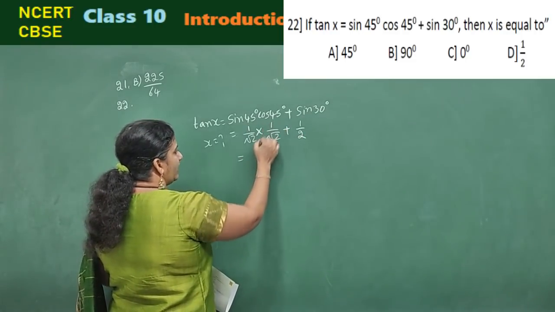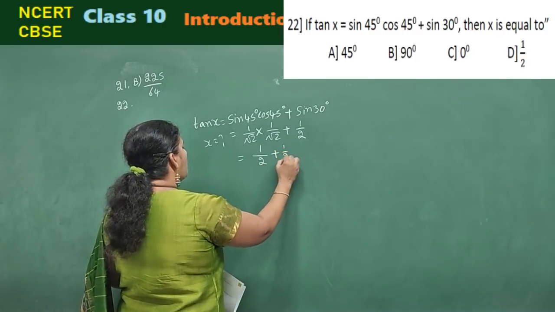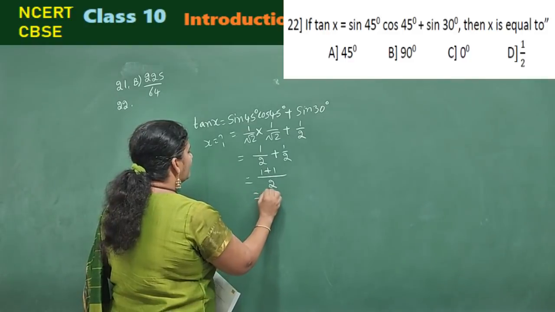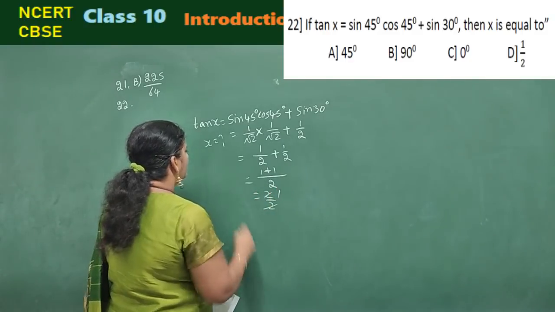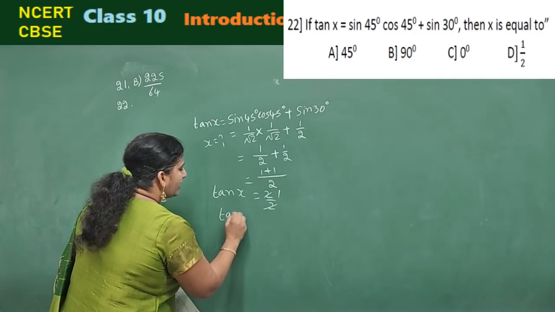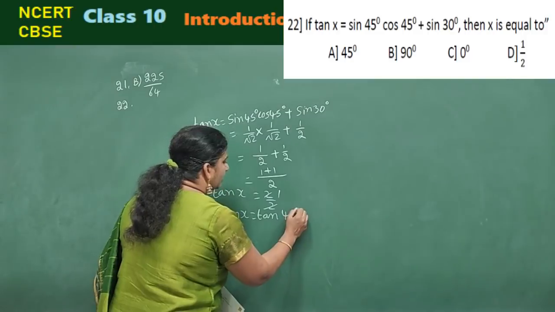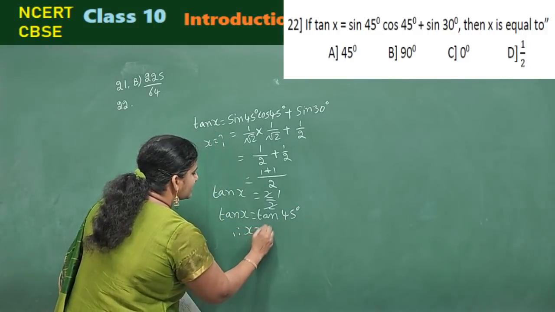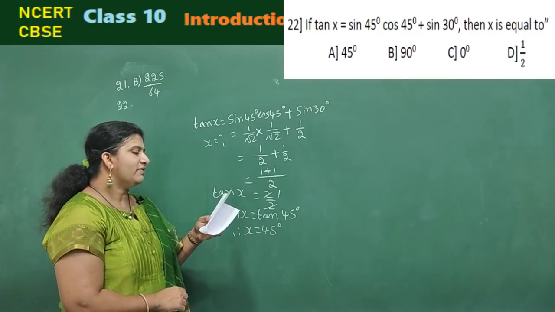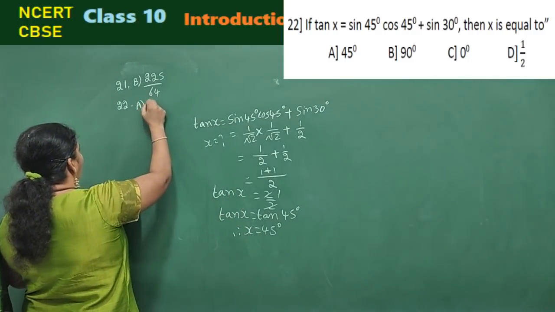Multiply 1 into 1, 1; root 2 into root 2 is 2. Plus 1 by 2. Do the LCM: 1 plus 1 is 2 by 2, which is 1. So tan x is equal to 1. Where do you get tan ratio 1? Tan 45 degrees. Therefore, x is equal to 45 degrees. Option A, 45 degrees.